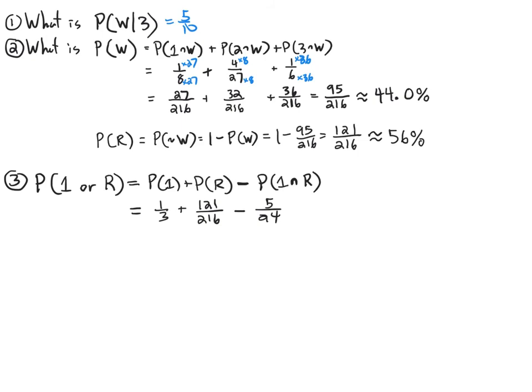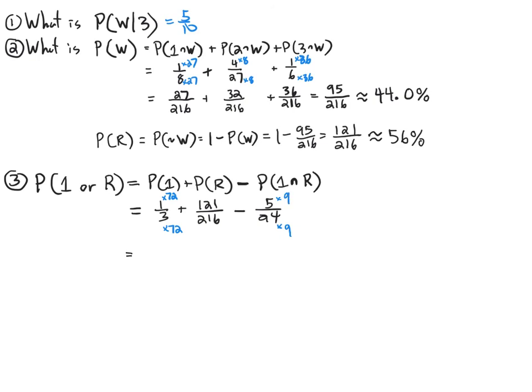So I'm going to multiply top and bottom here by 72. The least common denominator of 3, 216, and 24 is, of course, 216. 216 already has a denominator of 216, and 24 I'm going to multiply by 9 to get 216. And you can use the prime factorization of 216 to help you figure out what you need to multiply. So multiply by 9 on top and bottom.